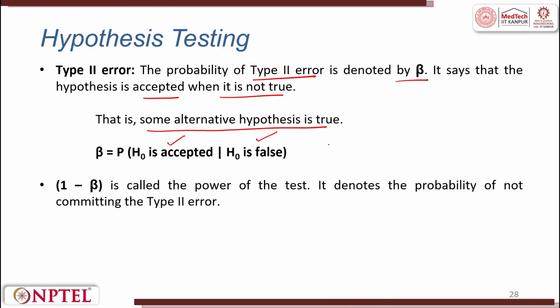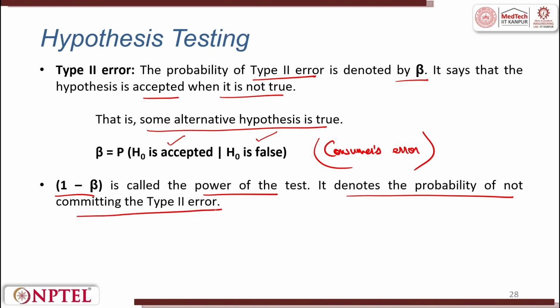Because of this sample, the whole lot is accepted and passed to the consumer. Now, the producer will have its profit, but the consumer will receive the products which are not good, 10,000 pieces which are not good. That means this is a consumer's error. So, these two errors are possible when we talk about hypothesis testing. 1 minus beta is called the power of the test, and denotes the probability of not committing type 2 error.